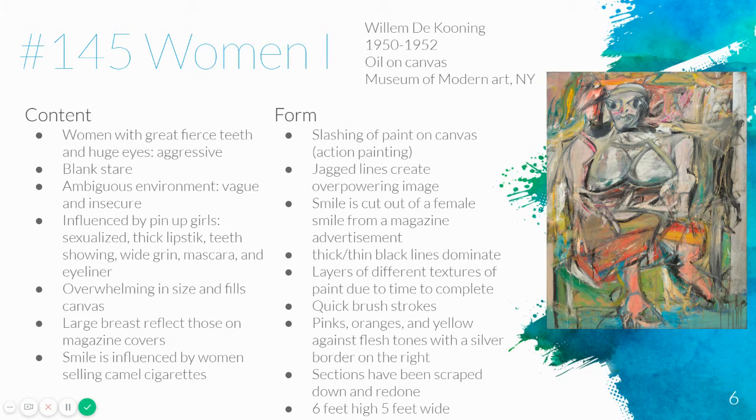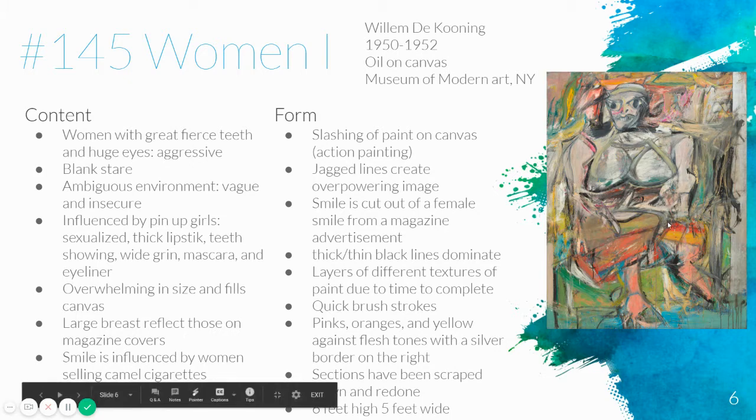Okay, so in terms of content, remember I said we're not always going to be non-objective, and we're on a spectrum. We will always be abstract for sure, but we don't always have to be non-objective. So in terms of content, we have a woman who's known to have her great fierce teeth.